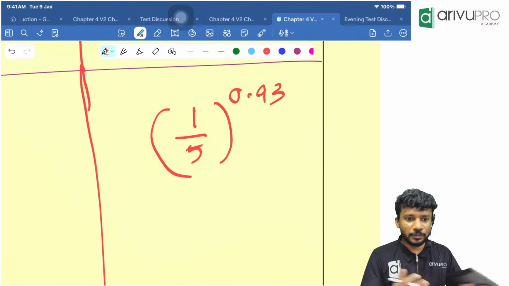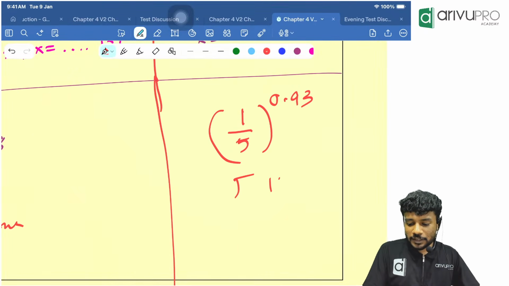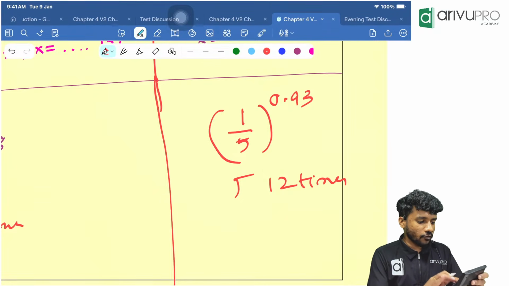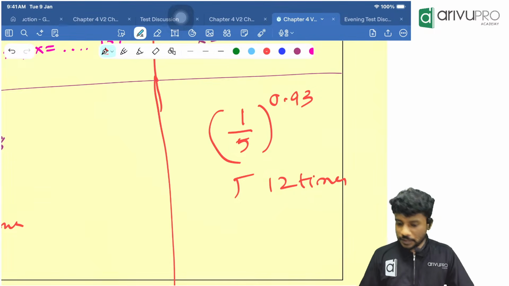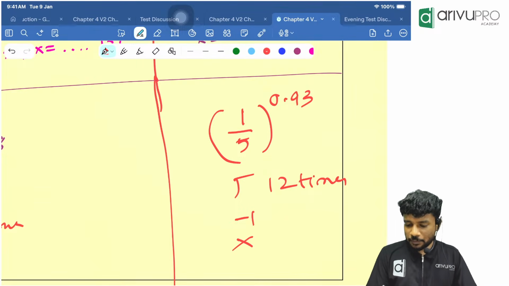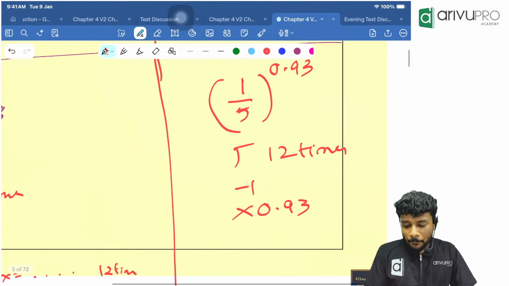Then continue the procedure. Root, how many times? 12 times. Click root for 12 times: 1, 2, 3, 4, 5, 6, 7, 8, 9, 10, 11, 12. Then minus 1. Then multiply it with the power, 0.93. Then plus 1.